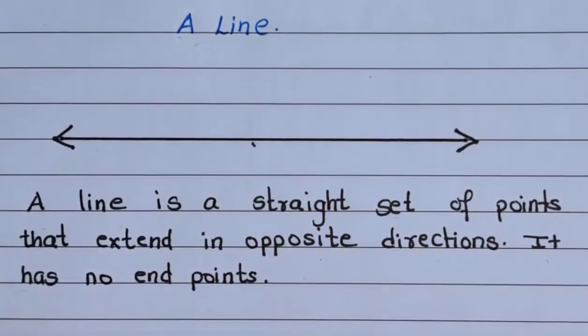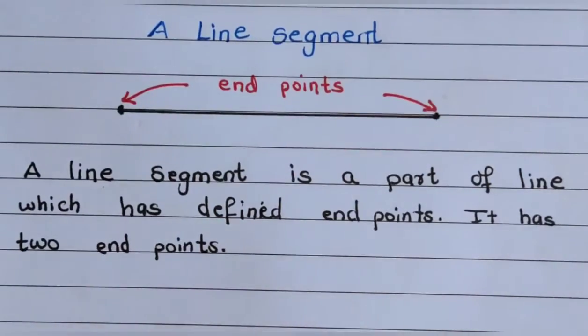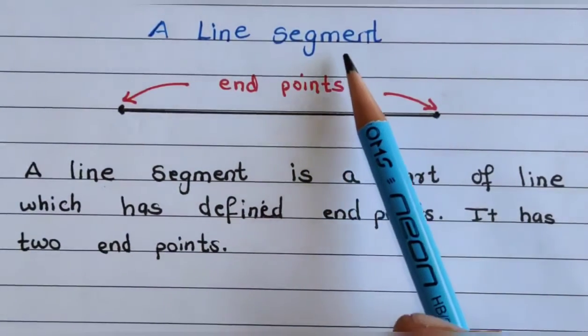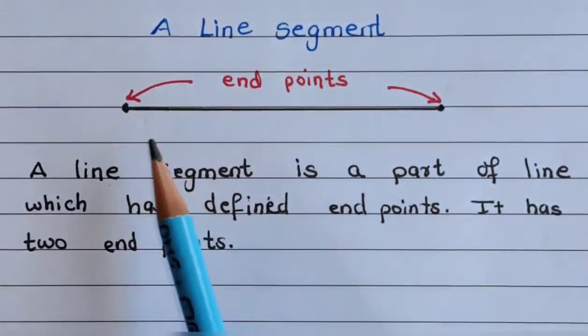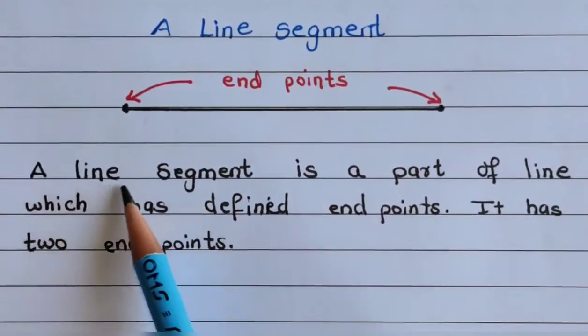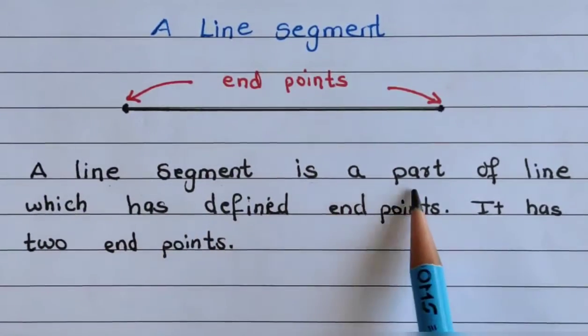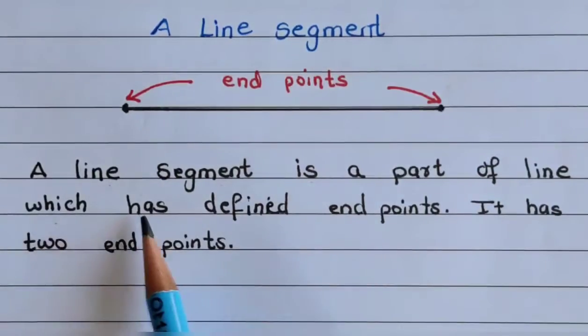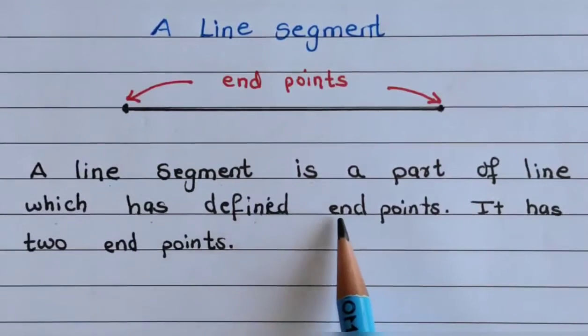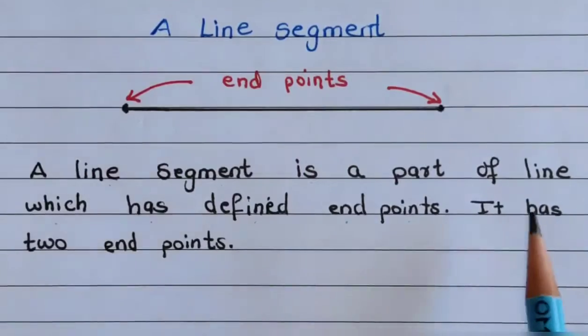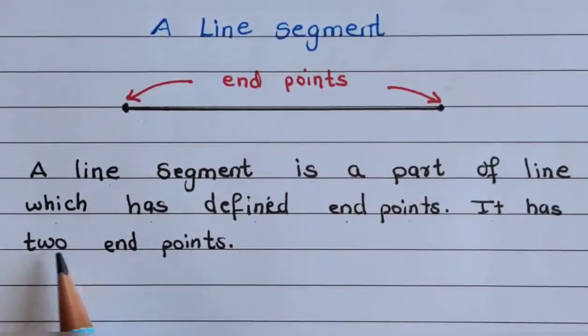Now what is next? Let us see. Next is a line segment. Now what is a line segment? A line segment is a part of a line which has defined endpoints. It has two endpoints.